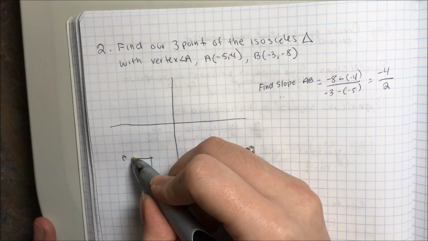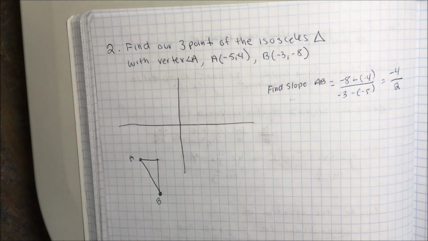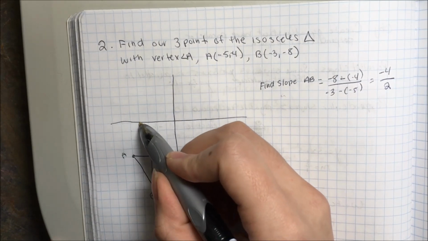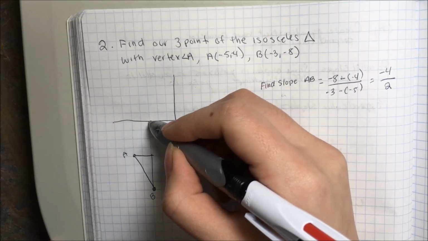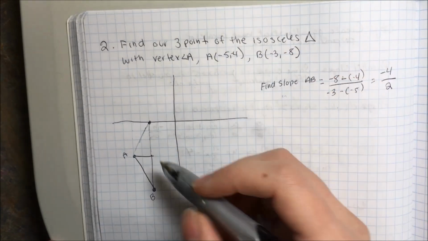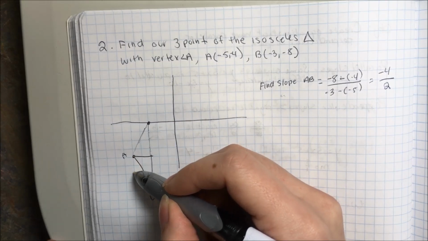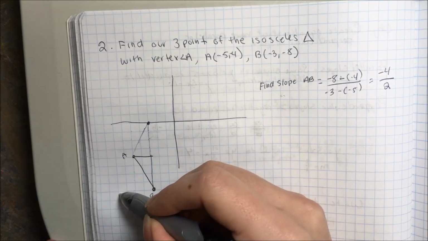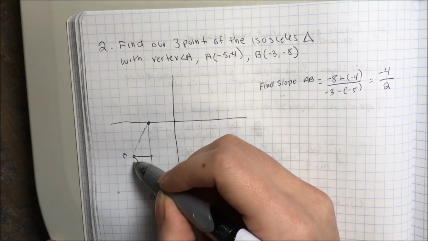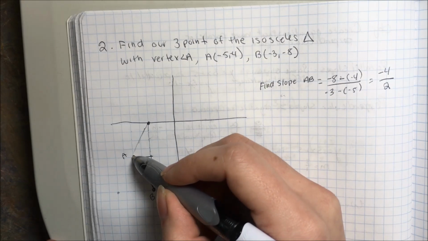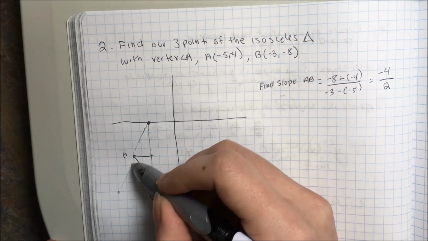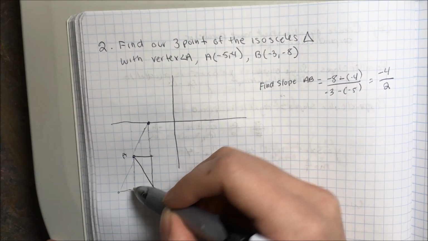So we're going to have a right triangle going. So we can use our slope, and we're going up 4 and then over 2. This would be our new triangle. So this can be a possible point, or we can go down 4 and to the left 2. And this would be our other right triangle.